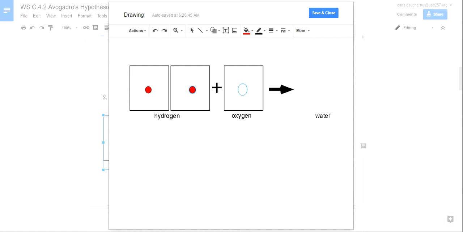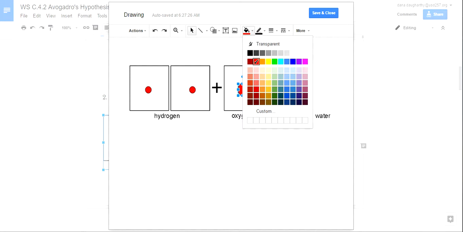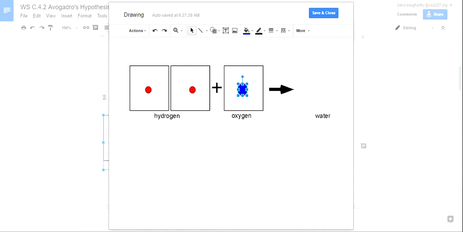Then I'm going to show my oxygen, and I'll make it a little bit bigger, and then I'll make it blue. Just like so. So right now, we're satisfying Avogadro's law by saying 1 volume of hydrogen, 1 volume of hydrogen, 1 volume of oxygen. Then I'm going to make 1 volume of water, as a compound.